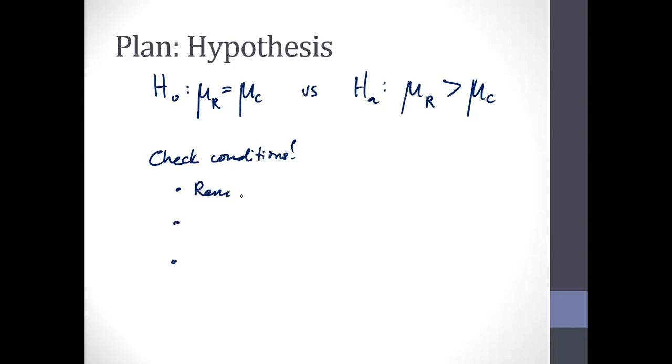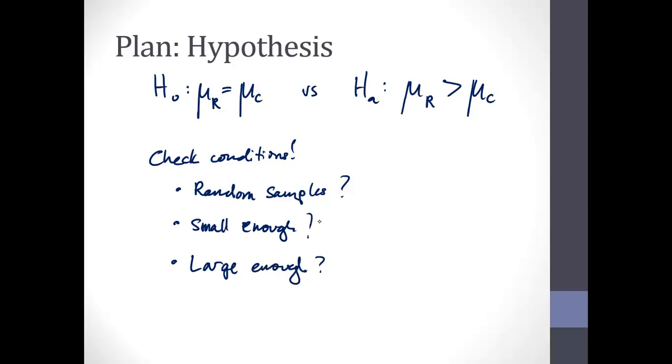Do we have random samples? Are our samples small enough? And then are they large enough? First one's easy, right?